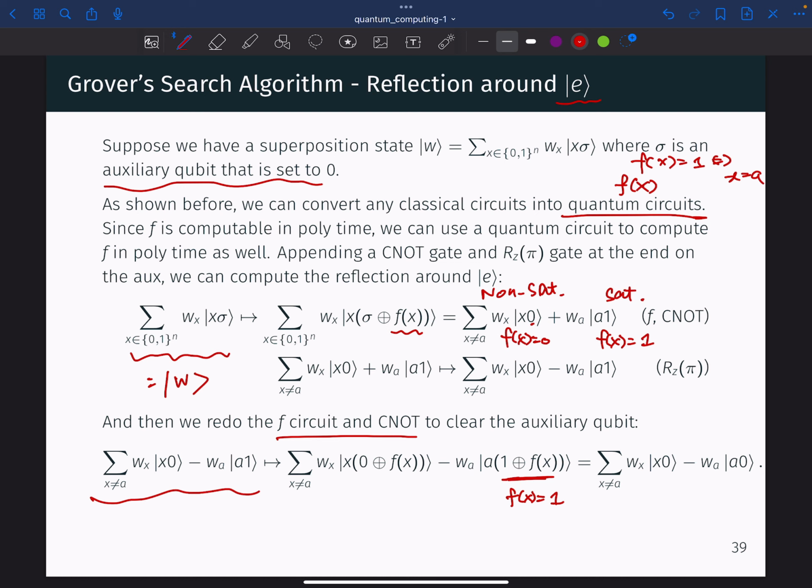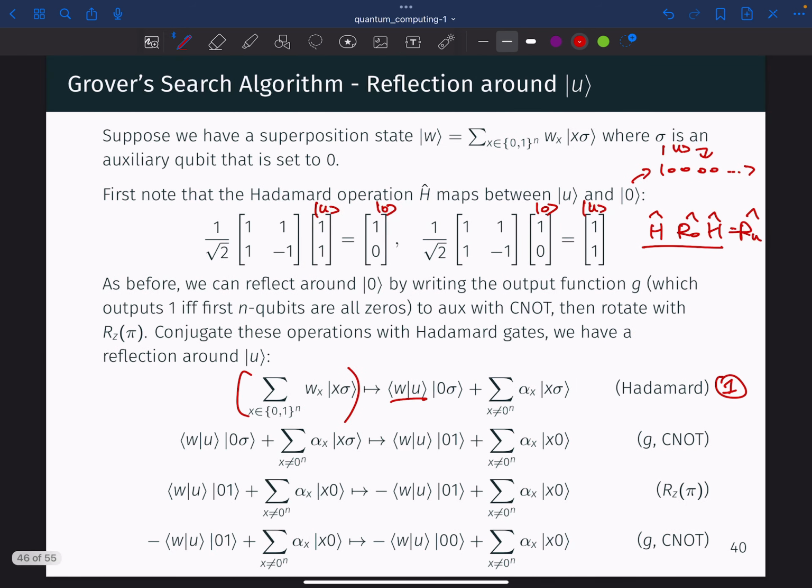We'll copy this structure here. We'll create a new function g where g x is equal to 1 only if x is equal to 0.